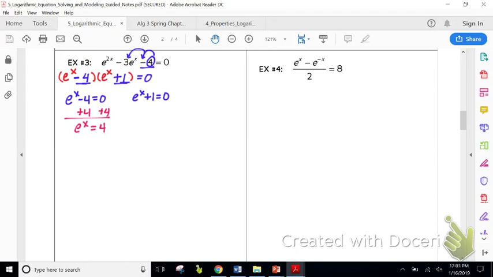So we're going to have to use a log, but since we have a base e, which log are we going to use? The natural log. So we're going to have the natural log of e to the x equals the natural log of 4, because remember, what you do to one side, do to the other. And then I can move that x in front of its log.